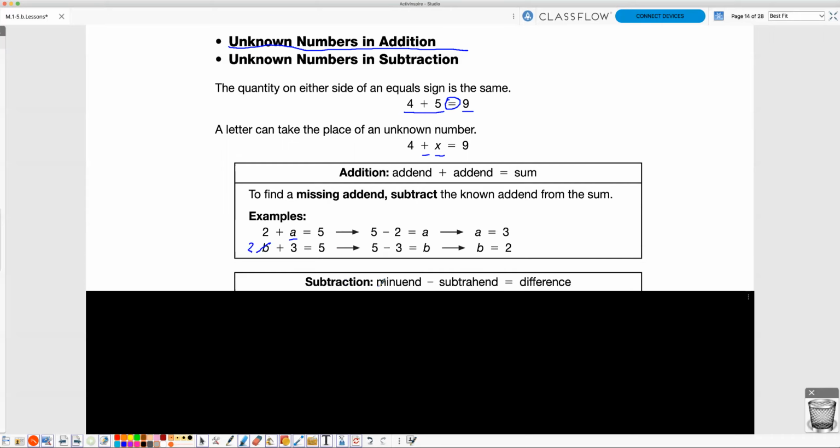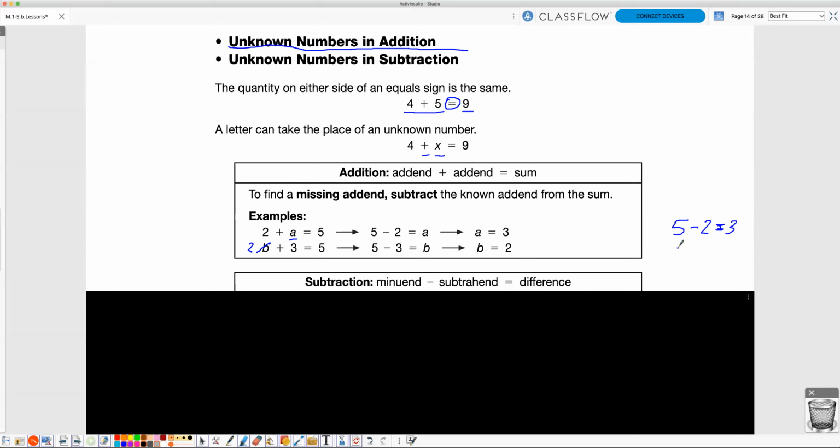If you are looking at a subtraction problem, you have your minuend that comes first. Let's say it's, I don't know, let me just do a 5. And then you have your subtrahend, minus 2, equaling the difference. That's an equal sign. And then you would just look at the values that are missing.